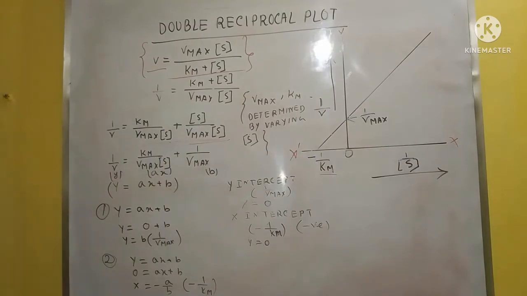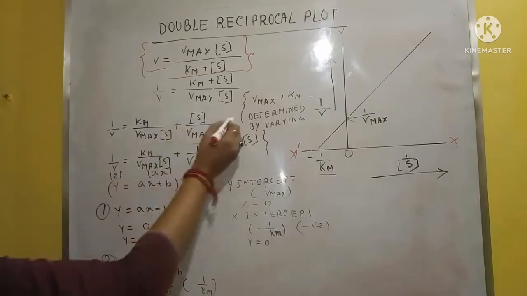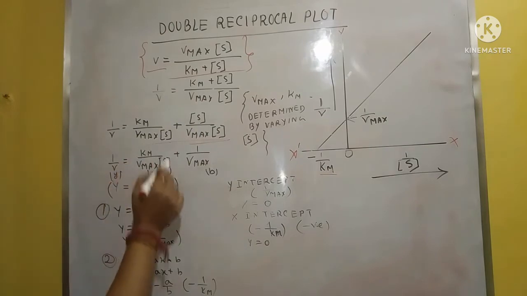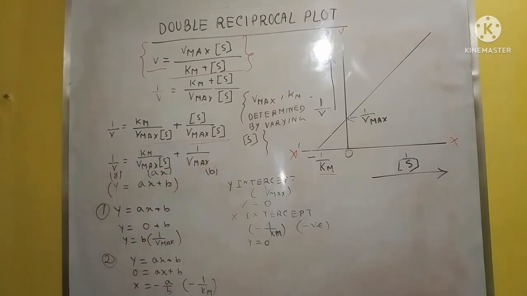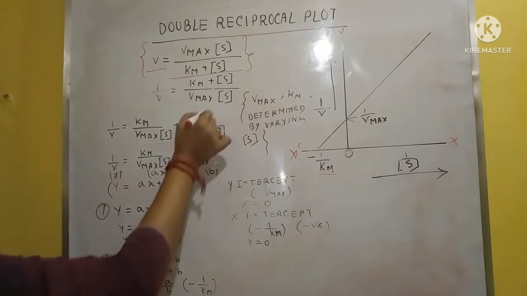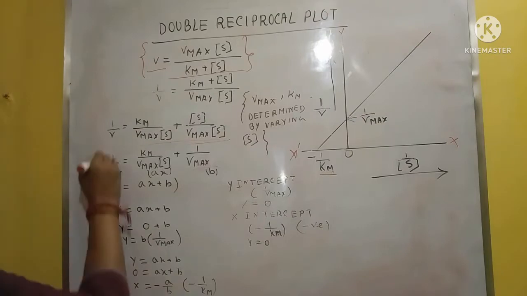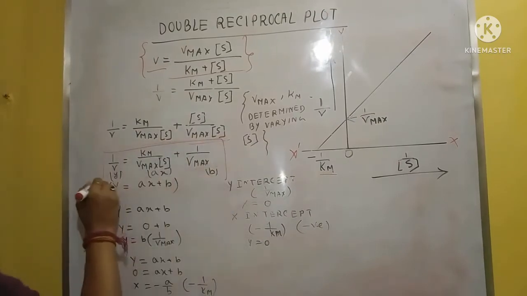Clear? Now you see that S and S cancel here, so that means Km by Vmax S plus 1 by Vmax. Clear? S and S cancelled here. Now this is the equation we see here.